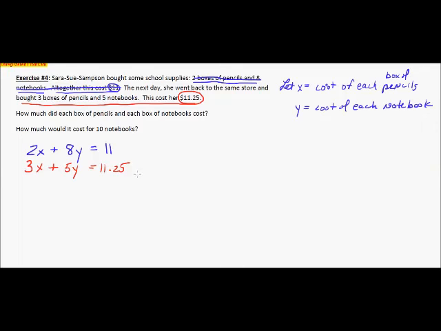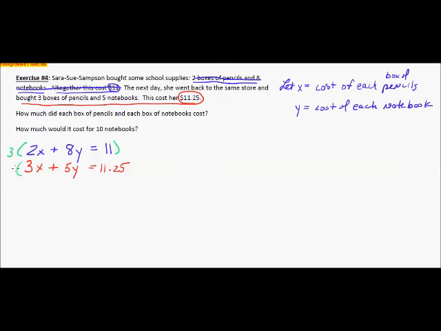If you can get that far, usually people get that far, they don't have a problem solving it. It's getting to that point that really is a challenge for some people. So let's solve these by elimination. Notice I don't have the same number in front of the coefficients, so I'm going to have to multiply 1 or 2 of these by something. It looks like if I multiply the top one by 3, that would make this into a 6.